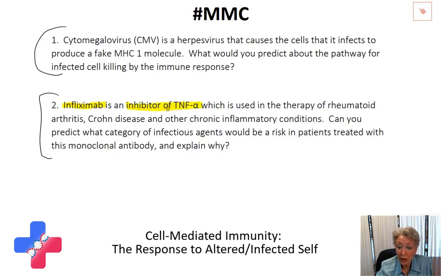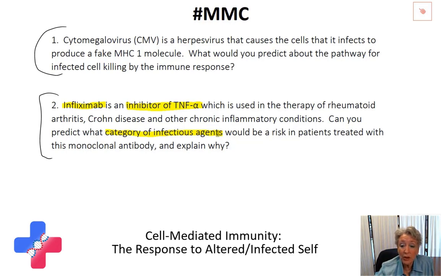And if you think about where it is that TNF-alpha is produced in this particular diagram that we just went through, you should be able to predict one of the key concerns we have when we treat patients with infliximab, that they're going to become susceptible to a particular category of infectious agents when you treat them with that drug.